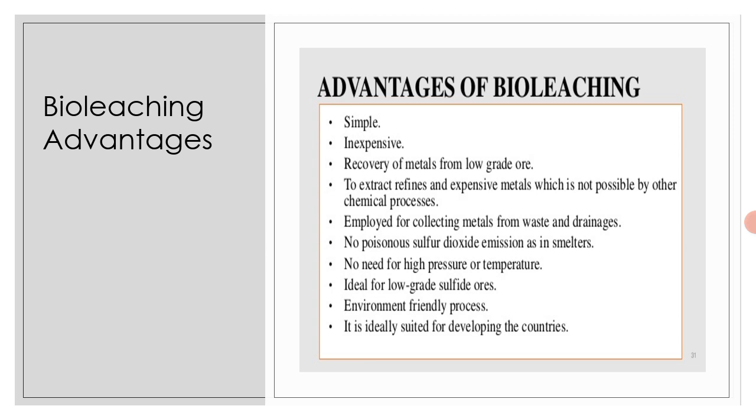The metals can get harmed, or the properties of the metals may get disturbed, but with this process there is nothing like this. So it is a very safe process, and so with this process we can extract these expensive metals. So this is one advantage of the bioleaching process.